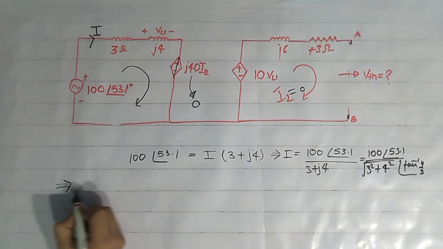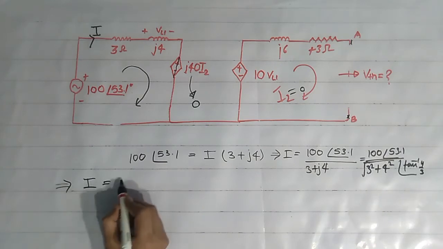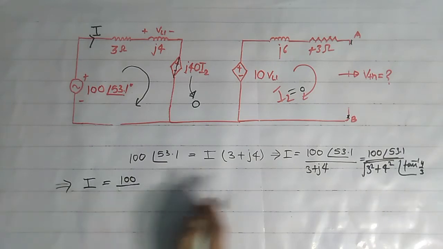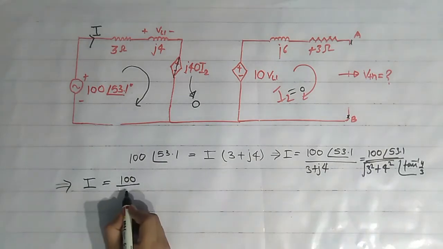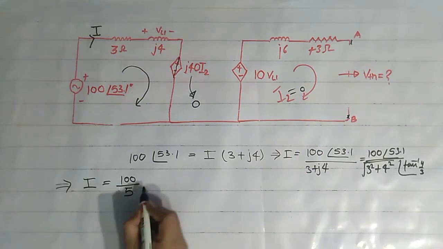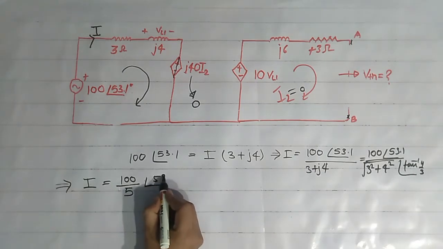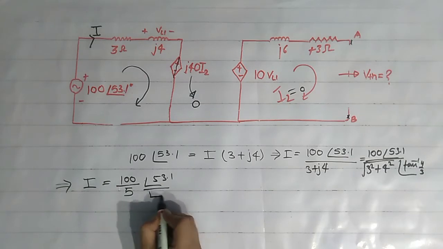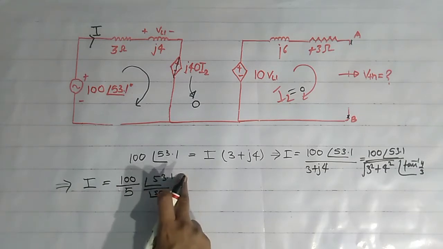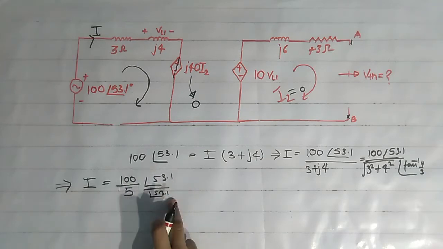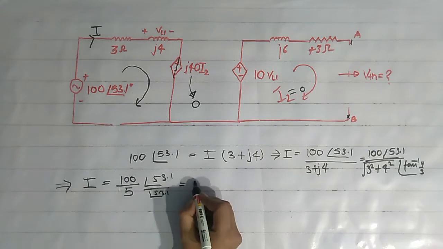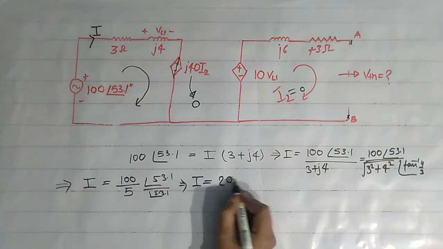So we get I is equal to 100 by 5 angle 53.1 by angle 53.1. When we take this angle in numerator, then 53.1 minus 53.1 becomes 0. So we get simply current I is equal to 20 angle 0.